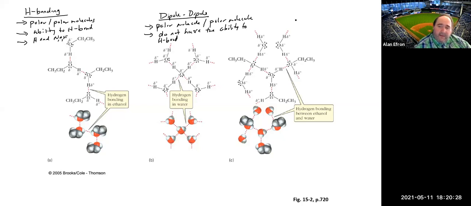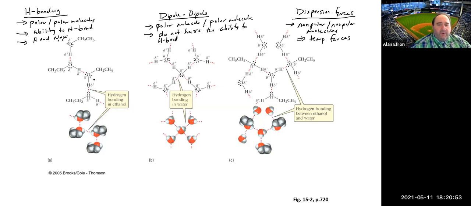And at the other end of the extreme are our dispersion forces, which are the main ones for nonpolar and nonpolar molecules. These again are those temporary forces.